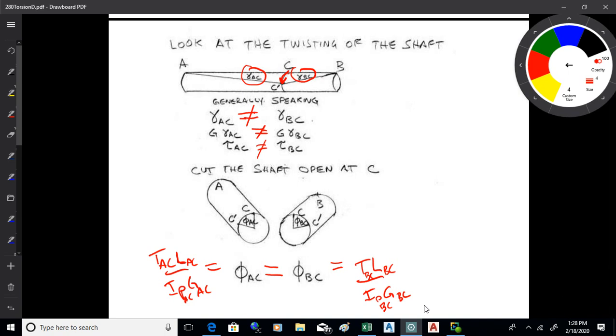Okay? And generally speaking, based on the shaft dimensions and the material properties, you can get three of these things: the length, the shear modulus, and I. Okay, so that's the general relationship that's used to figure out these indeterminate torsion problems.